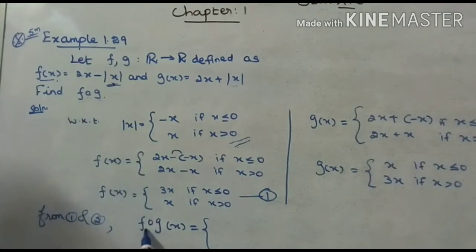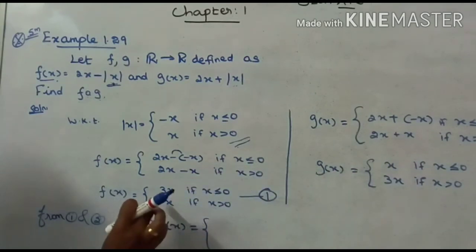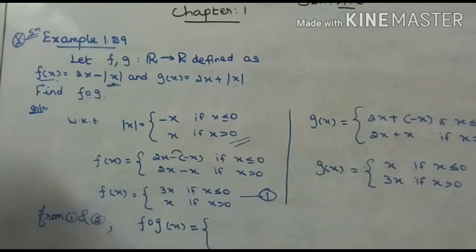That is, g composite with f of x equal to, we combine these two equations and write the answer. g composite f: g of x value is x, but in that same interval f of x value is 3x. So 3x if x less than or equal to 0.